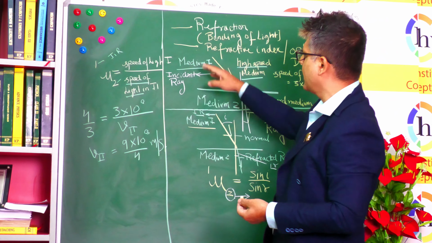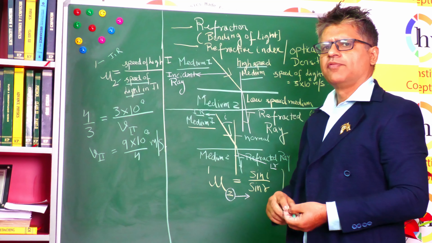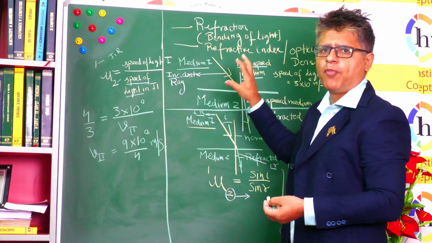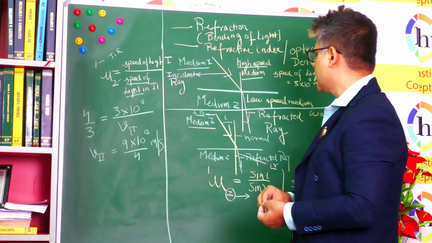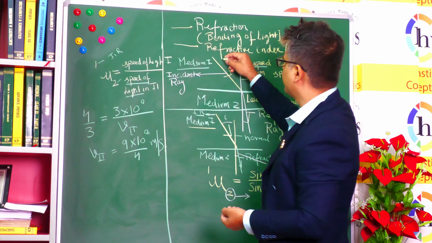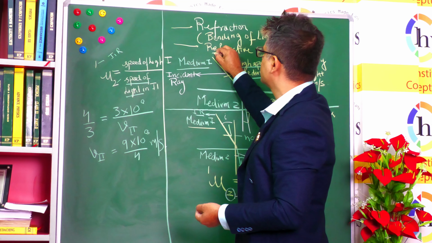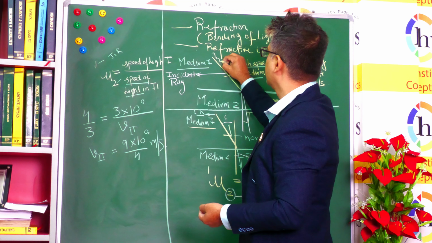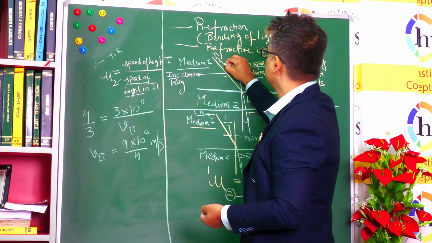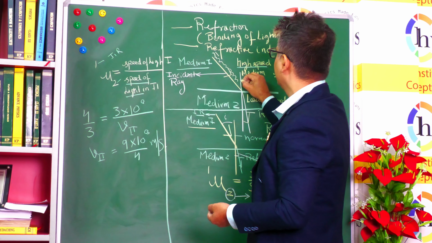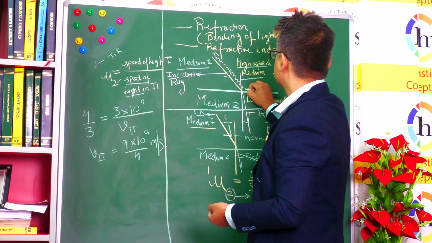If you have light coming in from an optically less dense medium to an optically more dense medium, something happens to light. If you were to express light in the form of some kind of wavelength, I will just draw 1 lambda, 2 lambda, 3 lambda, 4 lambda, 5 lambda, 6 lambda, and 7 lambda.